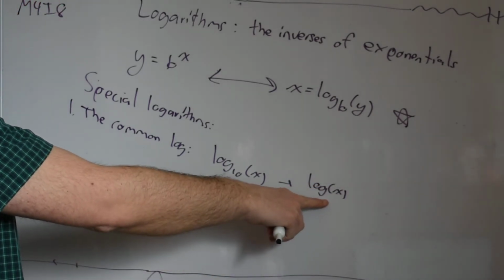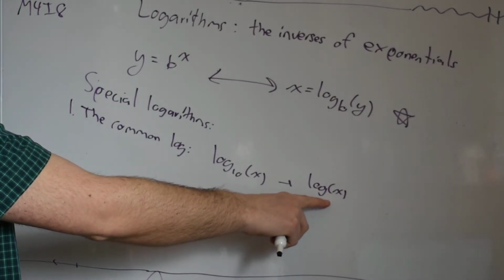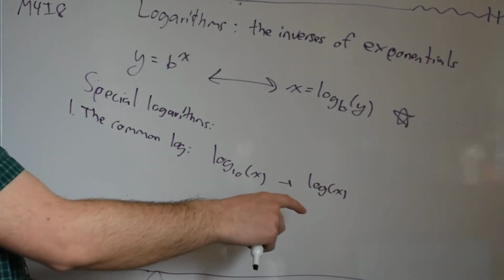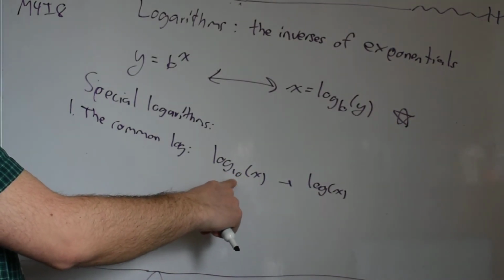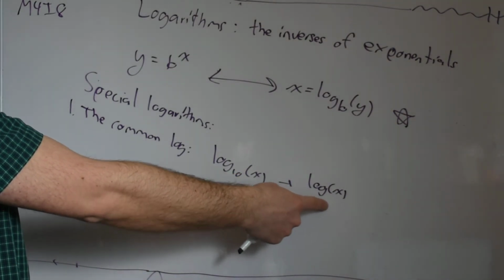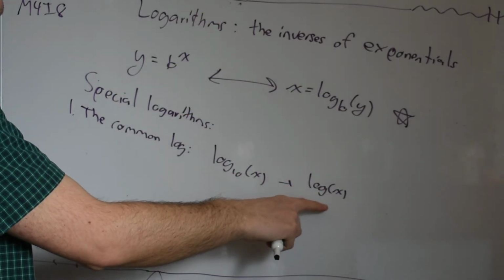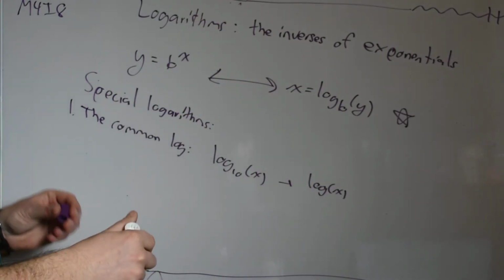And so notice there's no base down here. There's no number down here. When you see this, it's assumed to be log base 10. This is the button that is in your calculator, just log. It's assuming base 10.